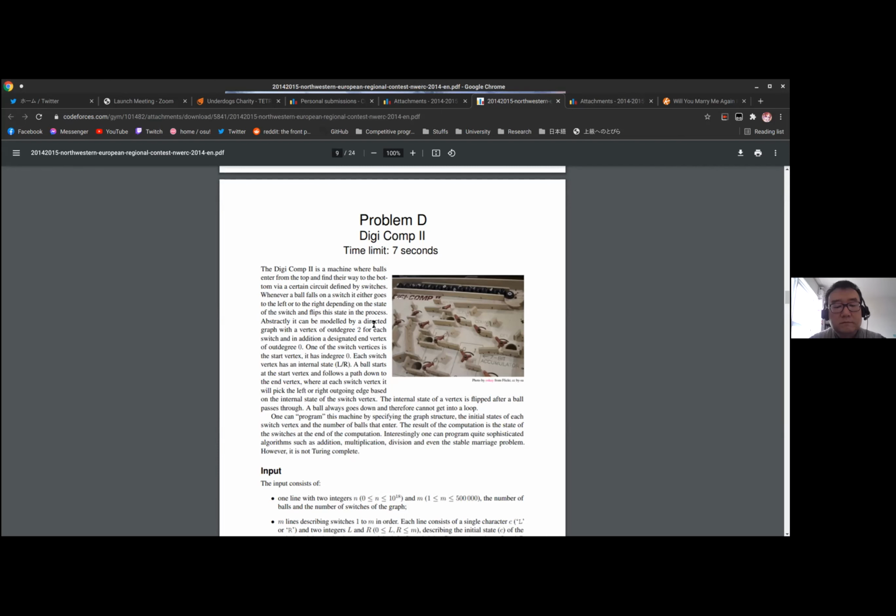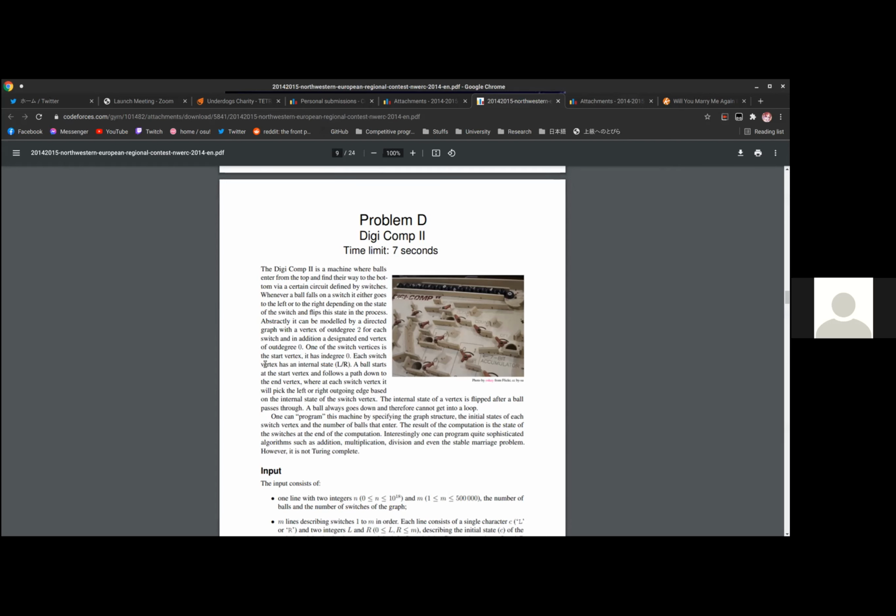There's a process you will repeat n times. The process is that you put a ball at node 1. The end node is node 0, but that doesn't really matter. Whenever a ball reaches a node, it will go through the edge that the node is currently pointing to.